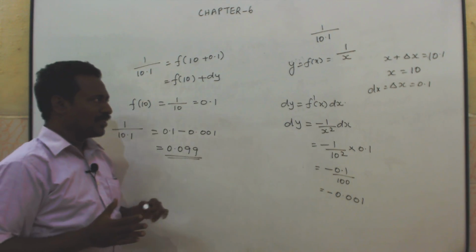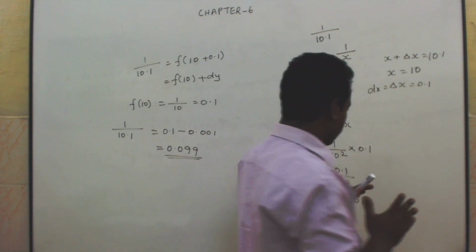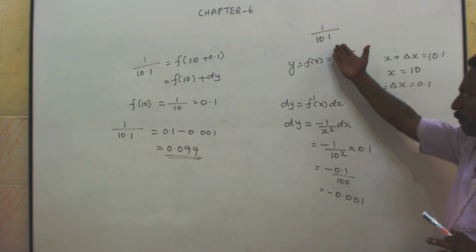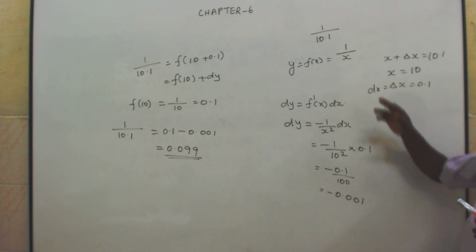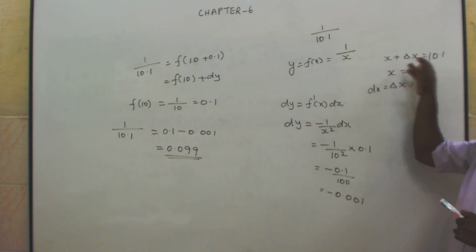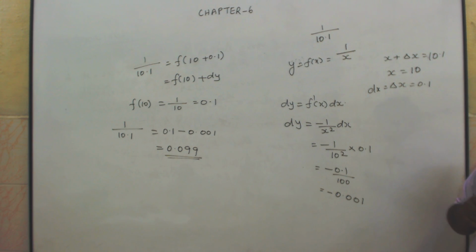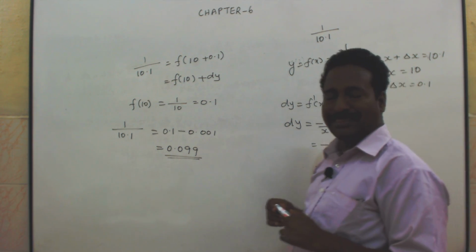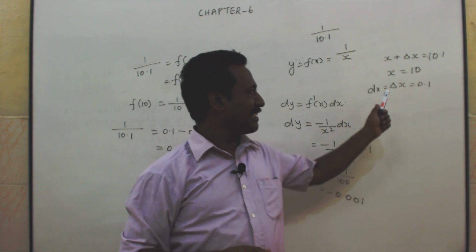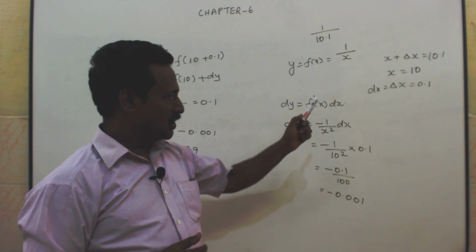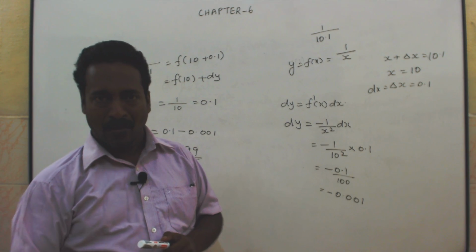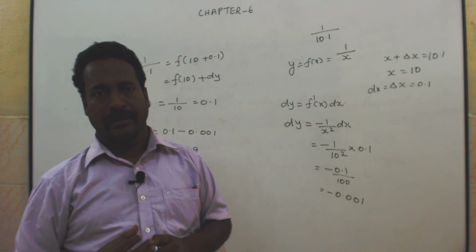The procedure is the same. 1 by 10.1, that is 1 by x. x plus delta x is 10.1, therefore x is equal to 10, delta x is approximately equal to dx, 0.1. What is the formula to find dy?